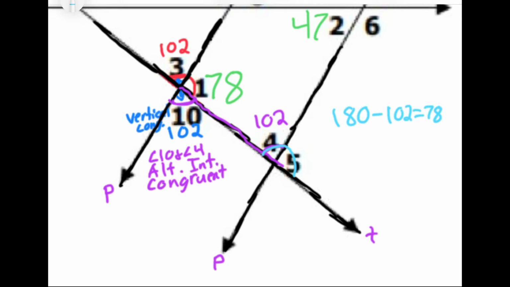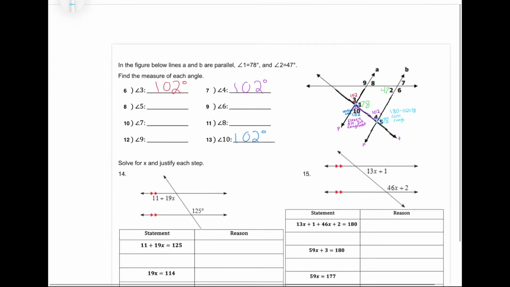Or you can see that angle 1 and angle 5 are corresponding angles, because in this first intersection, angle 1 is in the right, or bottom right corner of that intersection, and in the second intersection, angle 5 is in the right or bottom right corner. So they are corresponding angles, and corresponding angles are congruent. So you can look at it either way. Either way, it is 78. So that is angle 5.